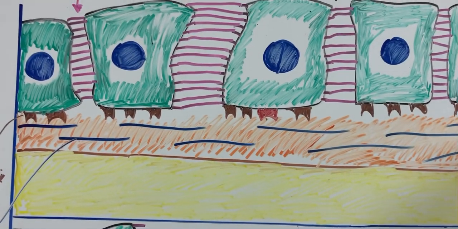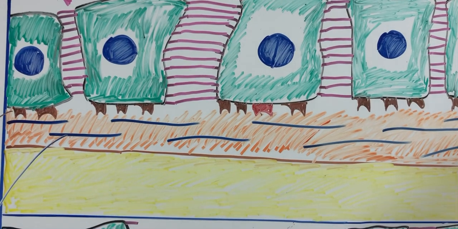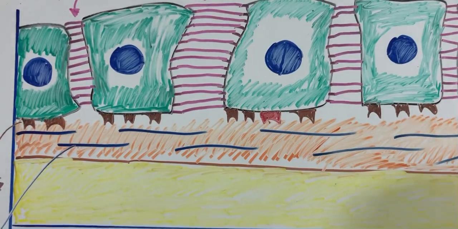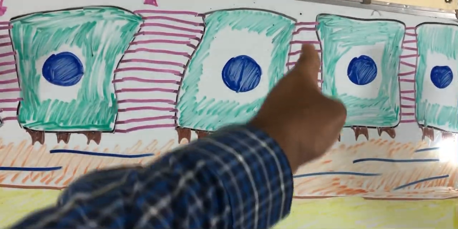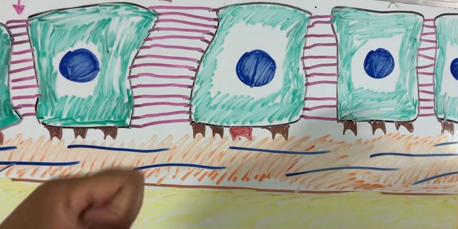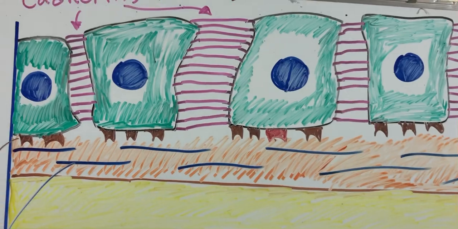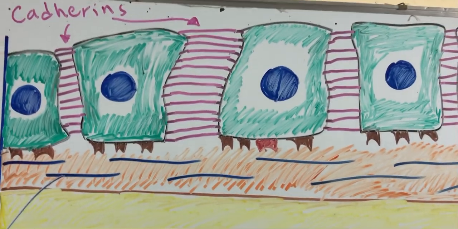Now, in order for the tumor cell to start invasion, to become an invasive tumor, it has to first of all cut and break those proteins that hold it together with its neighboring cells. These proteins are called cadherins. They are not fences.